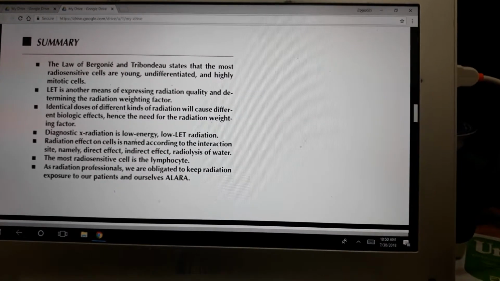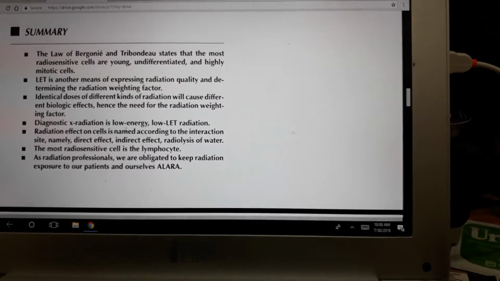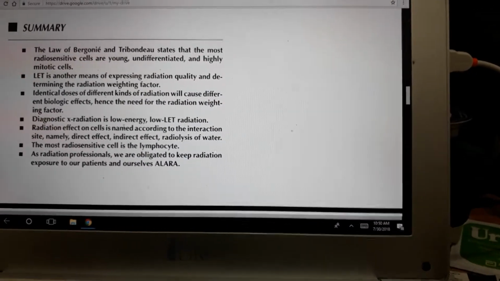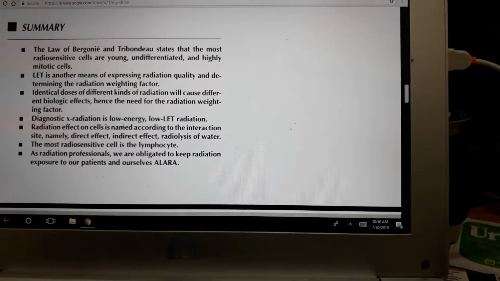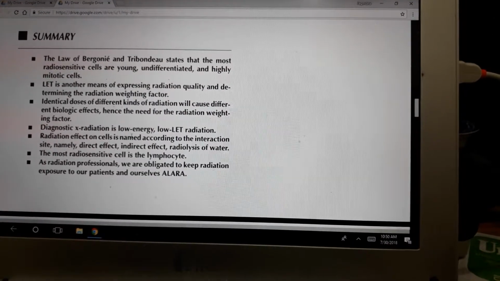The law of Bergonie and Tribondeau states that the most radiosensitive cells are young, undifferentiated, and highly mitotic cells.